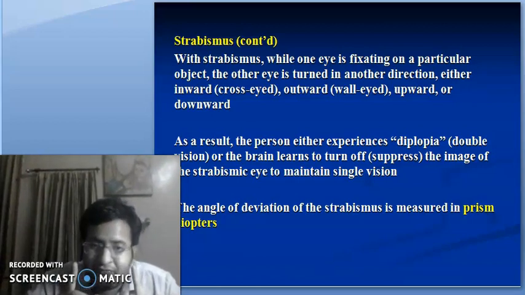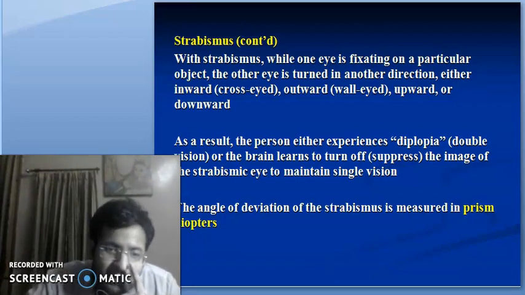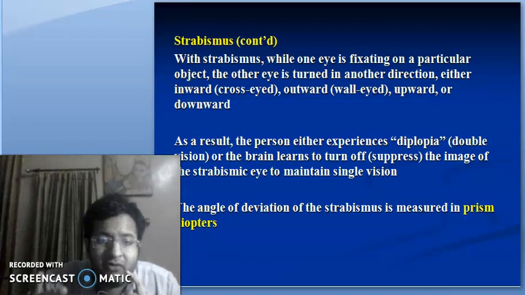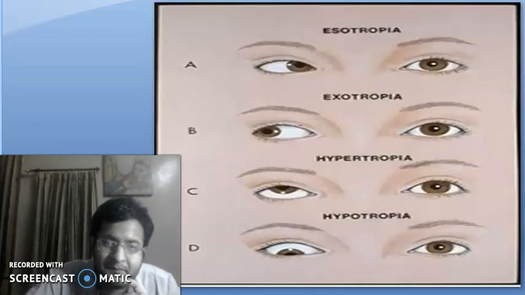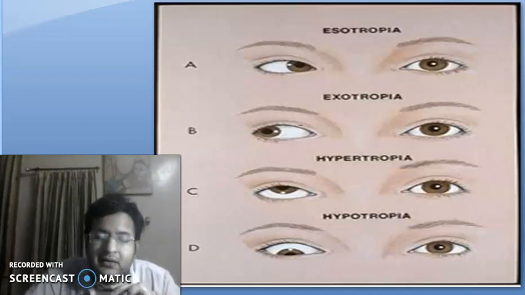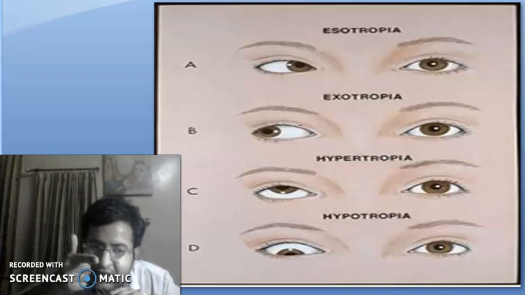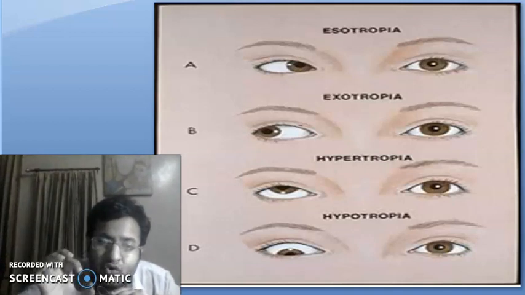The angle of deviation of the strabismic eye is measured in prism diopters. And how is it measured? We have already seen using a prism bar test. When the strabismic eye is aligned inward, it is known as esotropia, ESO.